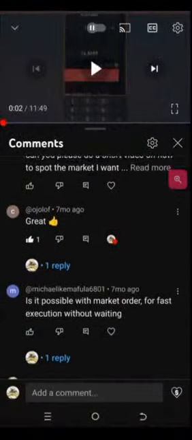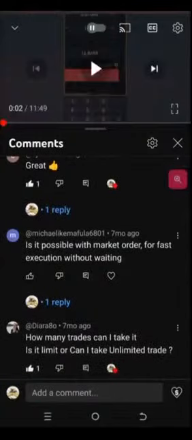Good. So let's see. Is it possible with market order for fast execution? This question always comes up. Yes, it's possible, but you're not going to make money. If you want fast execution, you can do a market order, but you will probably make a loss. So I will say, just be patient, do a limit order. It may take you a couple of hours, but you will get the exact amount of money that you have planned.